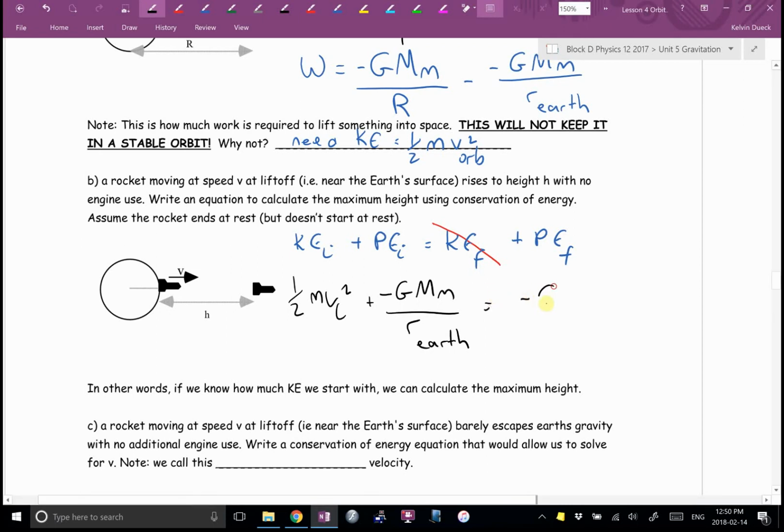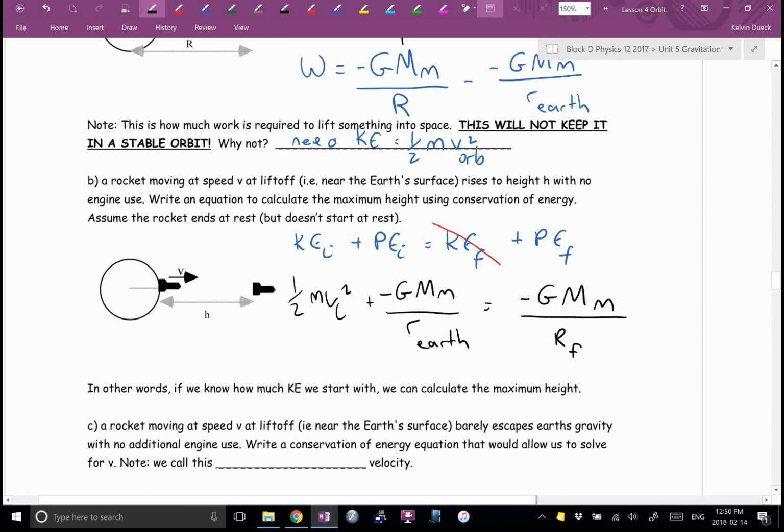Equals negative big G, big M, little m over R. I'm not going to call it orbit because since it's ending at rest, it's going to come crashing down. So I'm just going to call it R final.